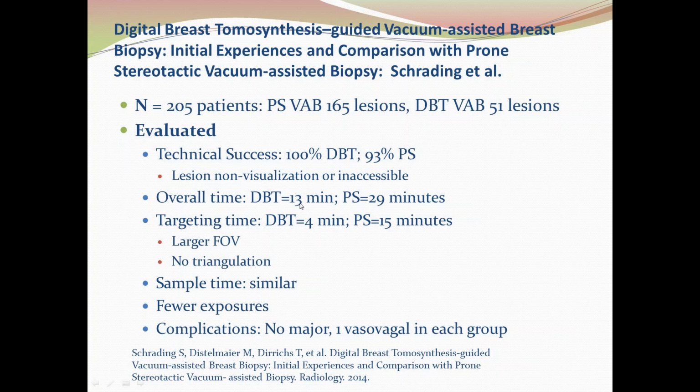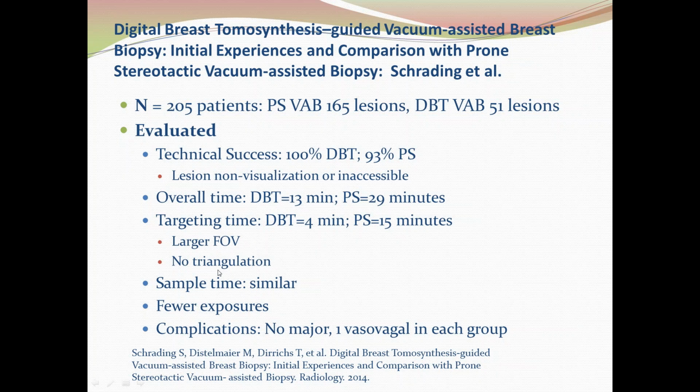They were quicker. They were almost twice as quick with a tomosynthesis biopsy as a prone biopsy, actually quite quick. And the targeting time was much less, and that in large part contributed to the overall diminished time. The field of view we talked about a little bit. You can see more of the breast, and so finding small subtle lesions was easier.